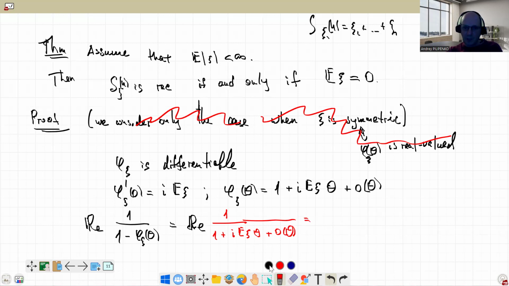And now let's multiply and divide by the conjugate. Real part of 1 minus I expectation of psi theta plus O of theta, conjugate number. I don't know, is it real or complex or imaginary? And here will be 1 plus expectation of psi squared times theta squared. No, excuse me, 1 minus this.